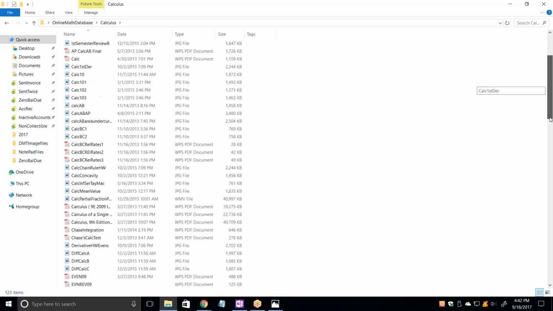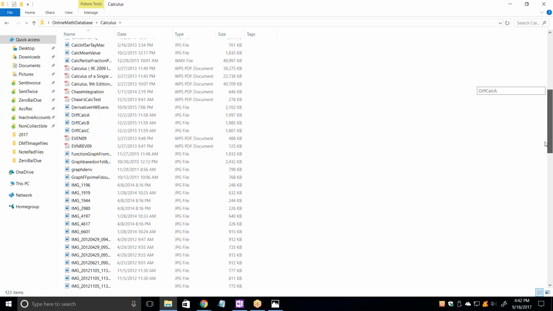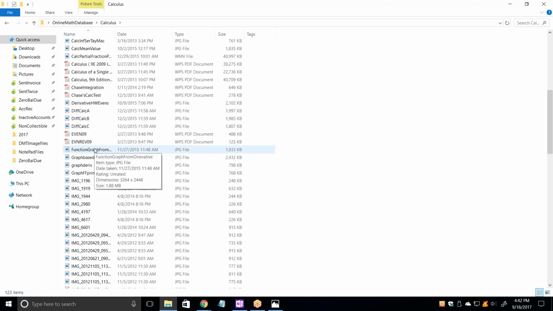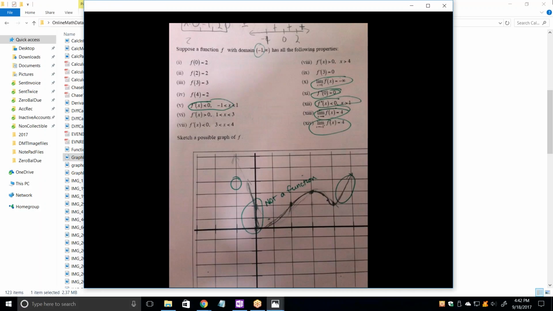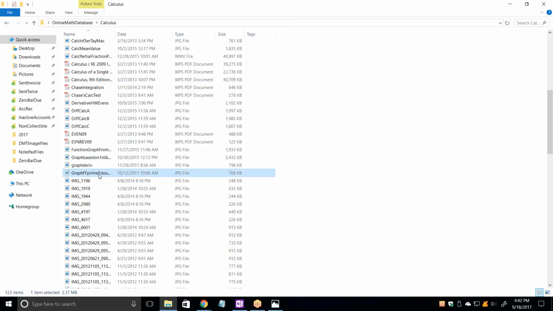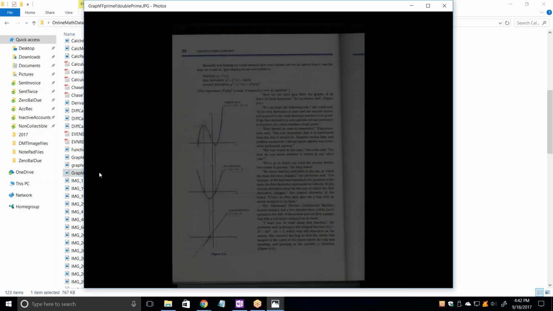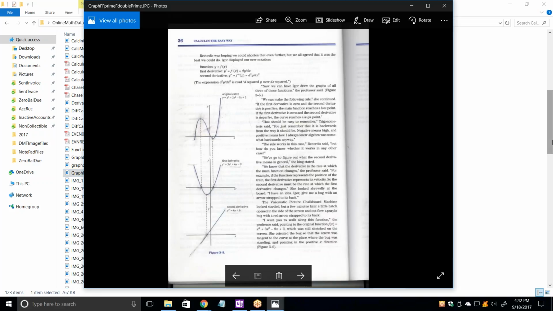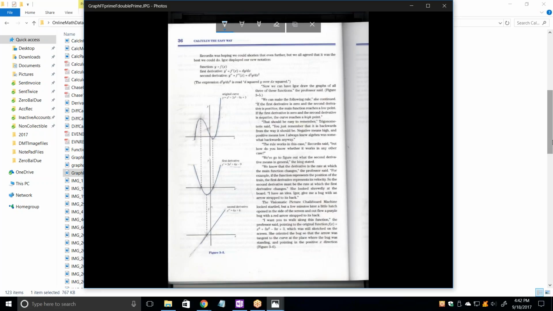One of the most important things is, not that. Here is the original function, okay? Here, let me write on this.